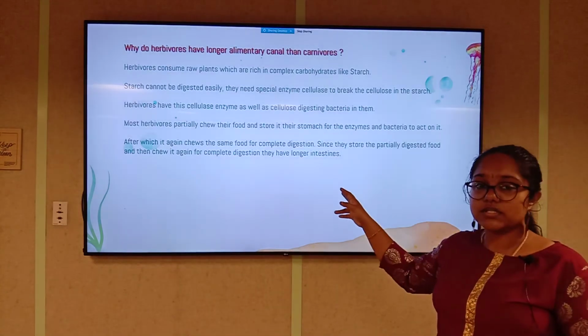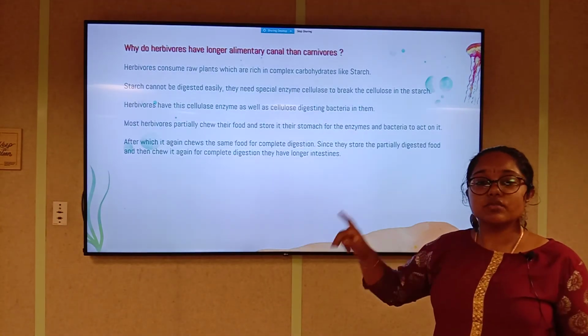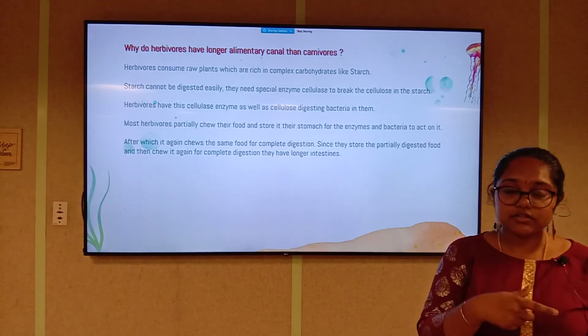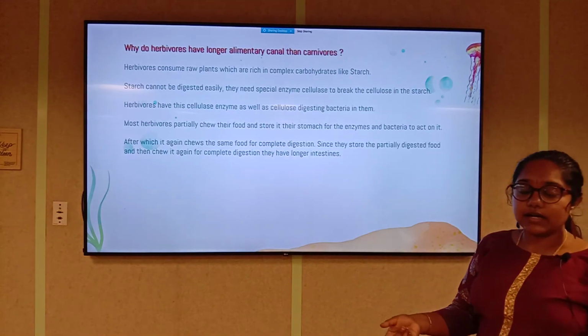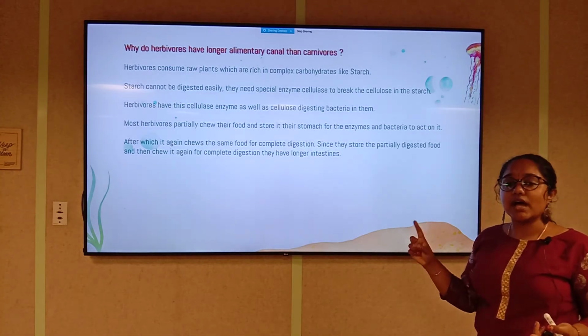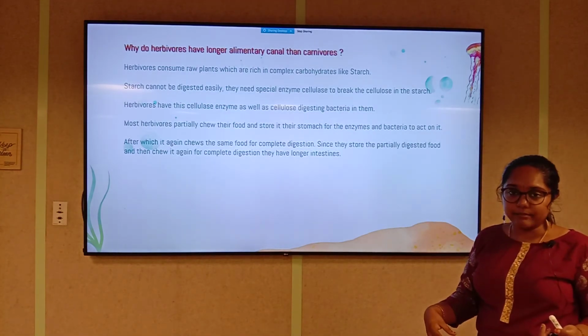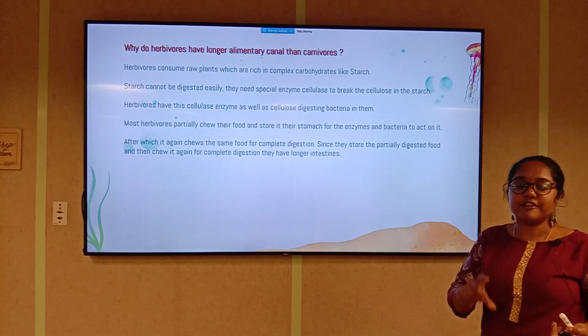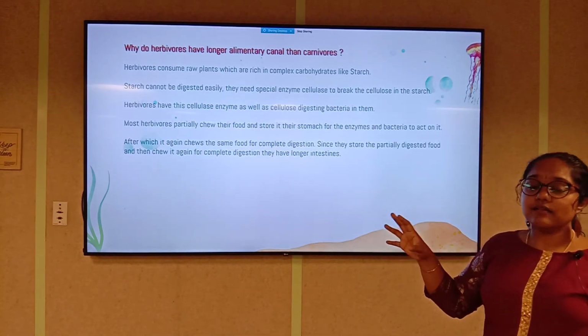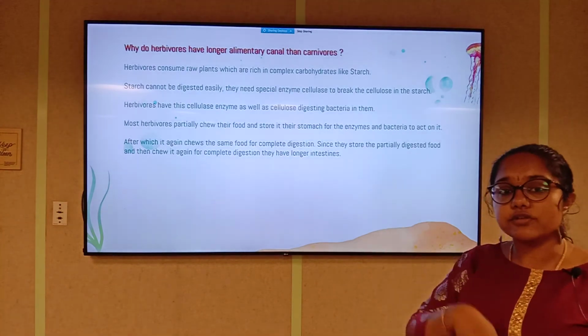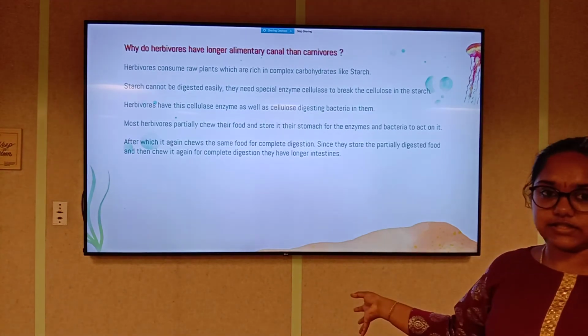But herbivores are only plant-eating animals. So they are gifted with strong teeth to break down the raw plants and leaves. Not only that, these herbivores have some bacteria inside them which feed only on the cellulose, and they have some natural enzymes produced in their body to digest the cellulose.